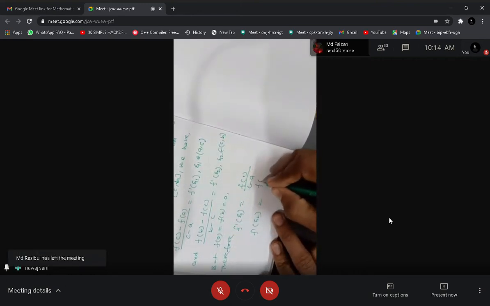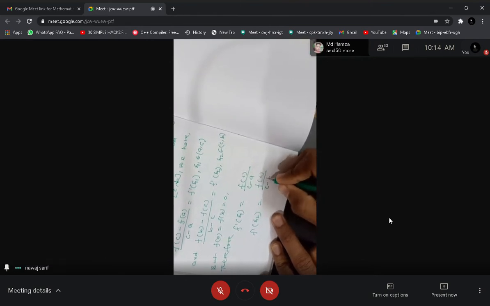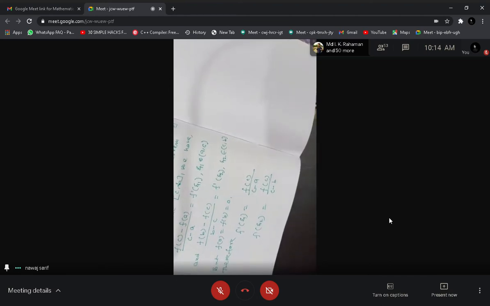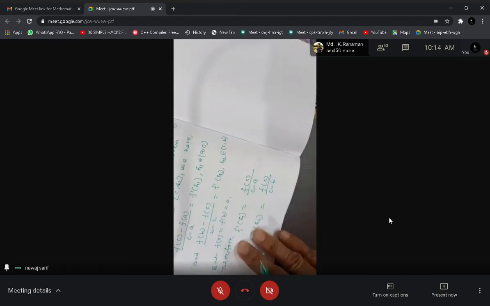So this will be f(c) divided by c minus b. Okay, now we can apply the mean value theorem to the interval xi1 to xi2.